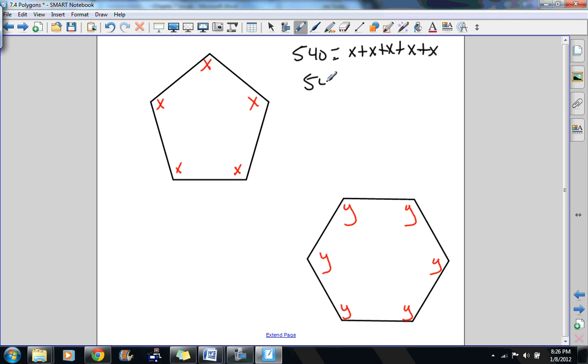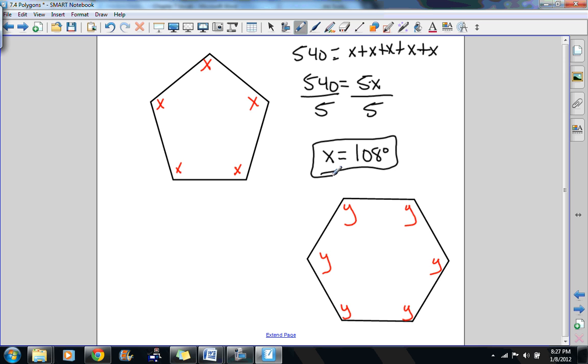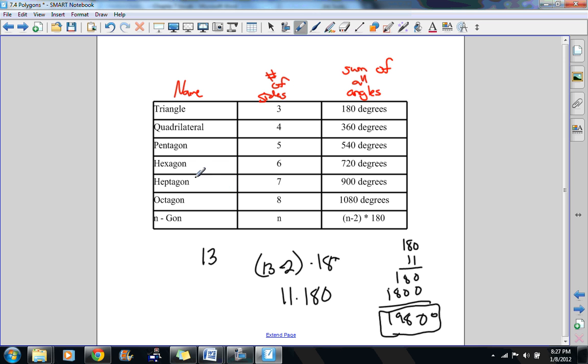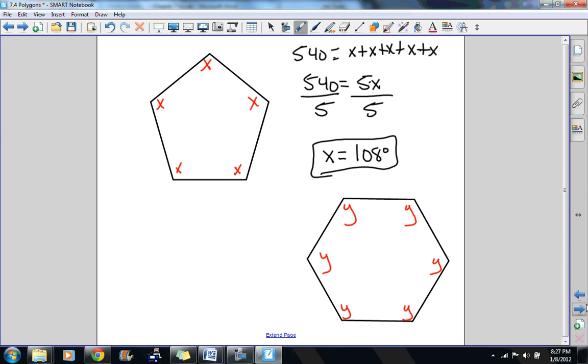So 540 equals 5 times x. Once again, the 5 and the x are being multiplied together, so I have to divide by 5. So I know that x is equal to 108 degrees, meaning in a regular pentagon, all of the angles equal 108 degrees.